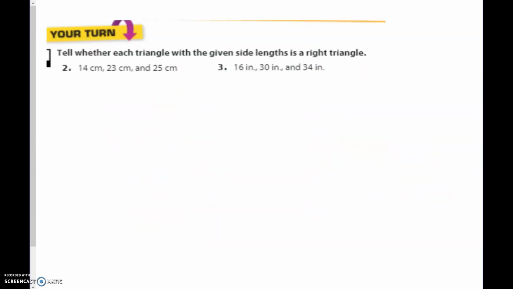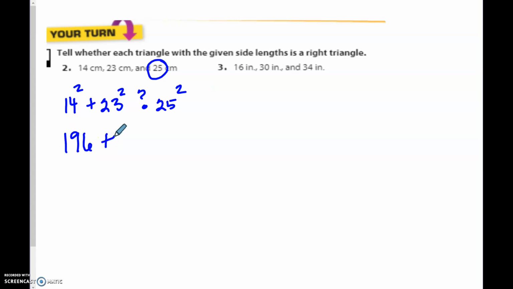All right, we got a couple more here. So 14, 23, 25. Okay, this is my biggest. So 14 squared plus 23 squared, how does that compare to 25 squared? So 14 squared is 196. 23 squared is 529.